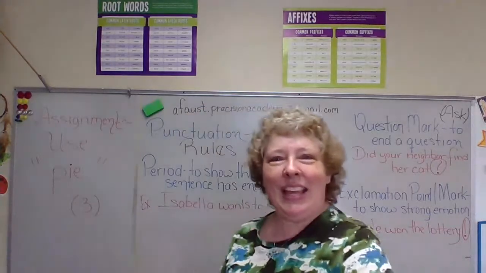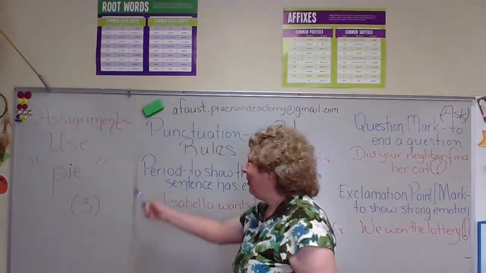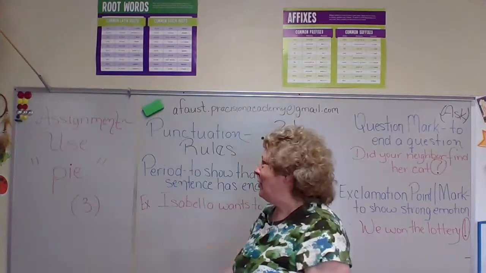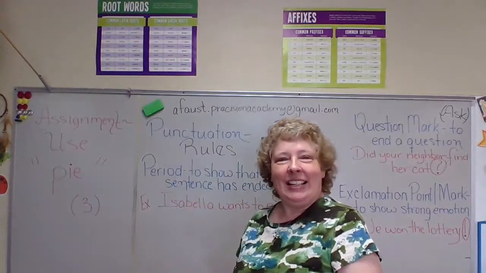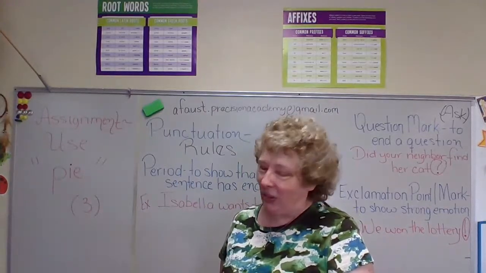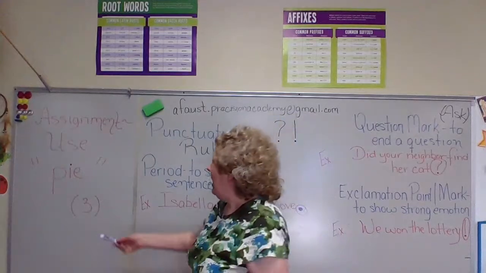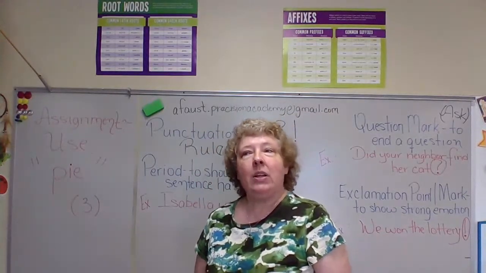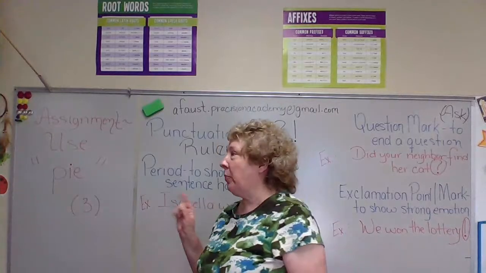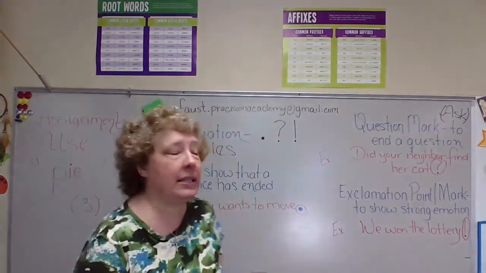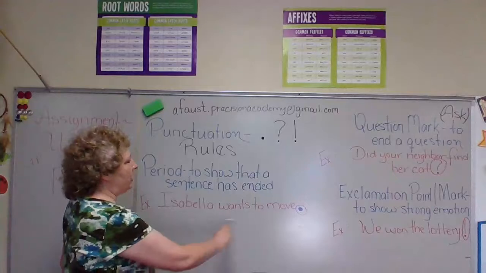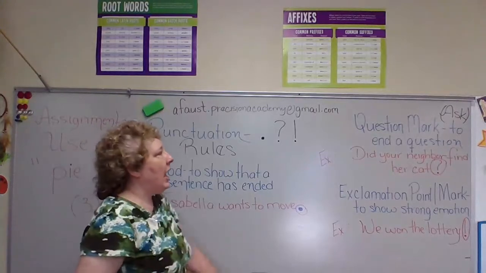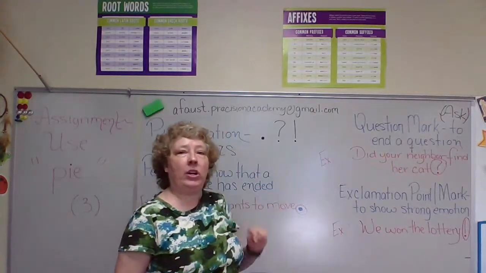Here's your assignment. It's a crazy one. Use pie. No, I don't have any pie to offer you. Sorry. But instead, here we have 3. Guess what? I want you to use the word pie 3 different ways. One time is just a sentence with a period. Another time, I want you to use it in a question.